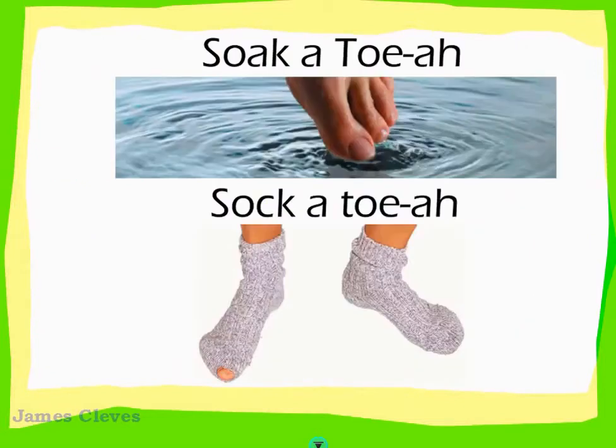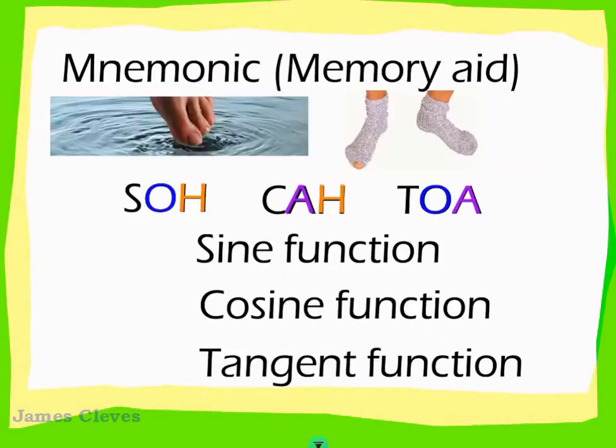There's a memory aid or a mnemonic called SOHCAHTOA, and what this does is try to remind us of the main trig functions. We've got sine, which is the SOH part, cos or cosine, which is the CAH, and the tangent function is TOA. What that means is the sine of an angle is the length of the opposite side divided by the hypotenuse.